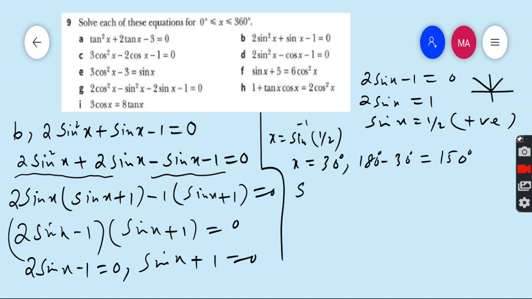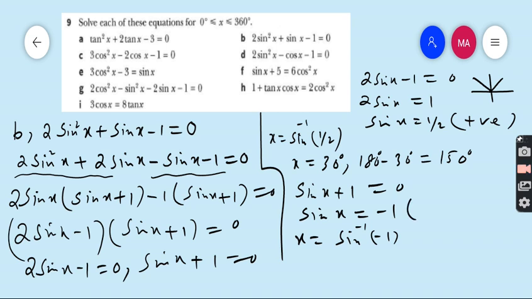Taking the other equation, sin x plus 1 is equal to 0. Sin x is equal to minus 1. So x is equal to sine inverse minus 1. Sine is negative in the third and in the fourth quadrant.